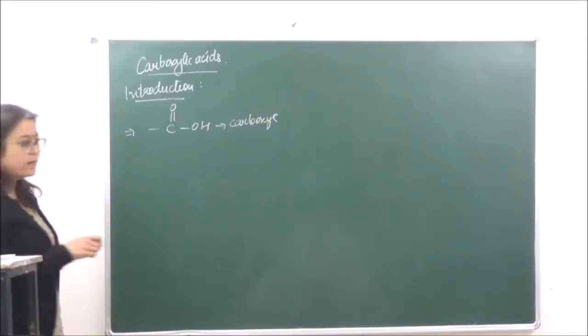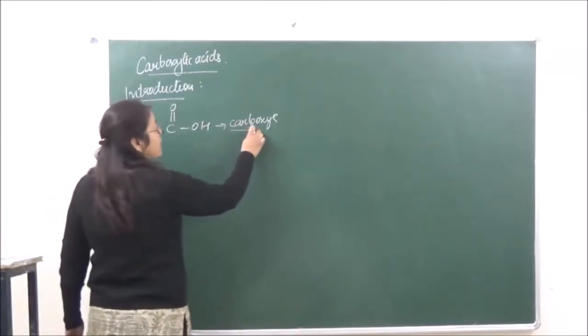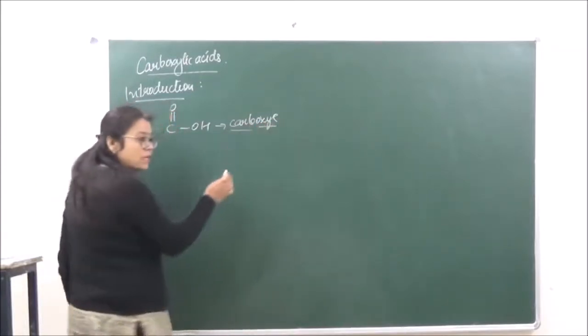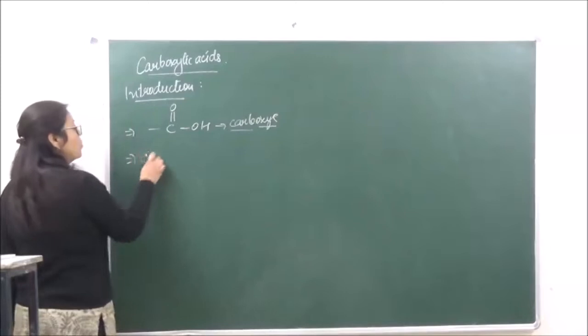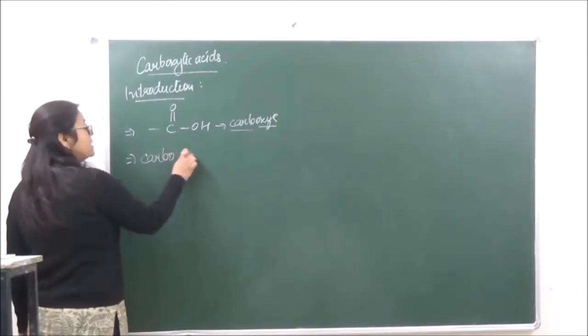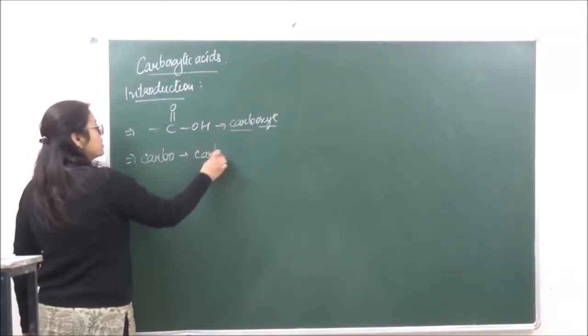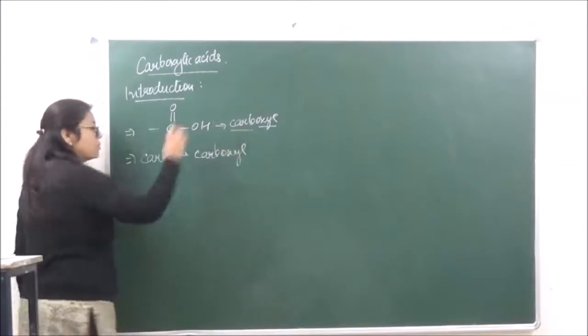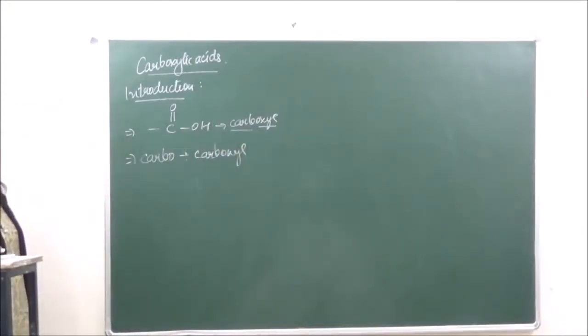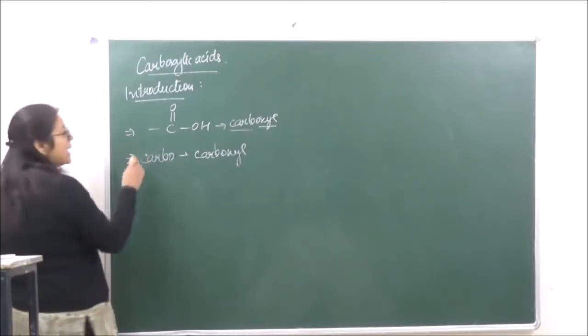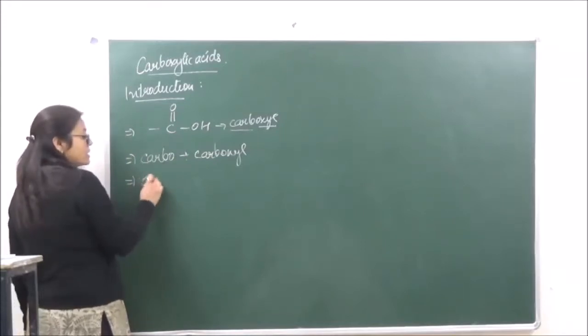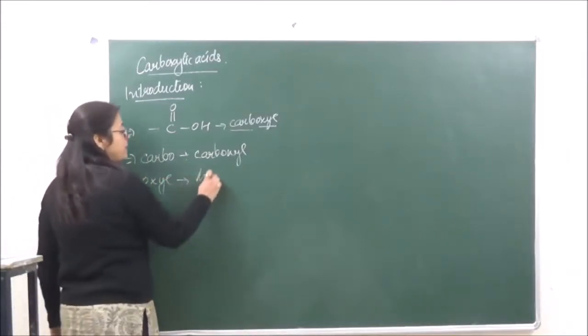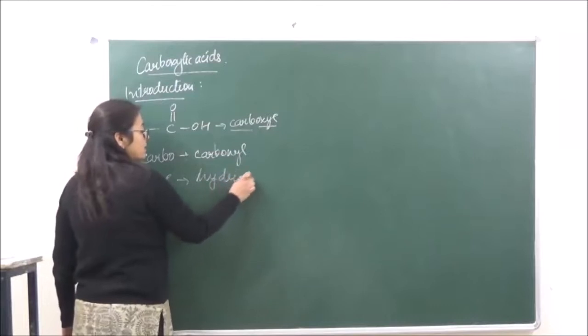As you can see over here, we have carbo and we have oxyl. So the word carbo is derived from the carbonyl group which is present, right? You can see that C double bond O is going to be present over here. So carbo is derived from carbonyl, and oxyl is going to be derived from hydroxyl.